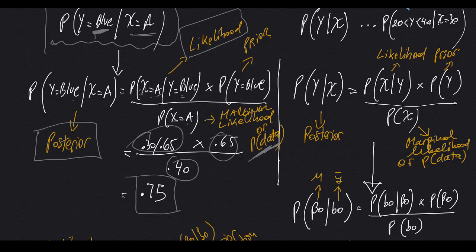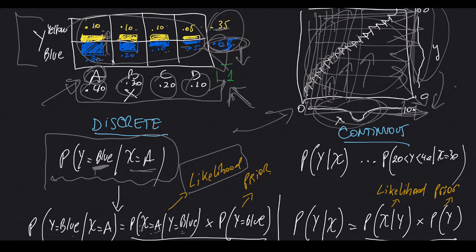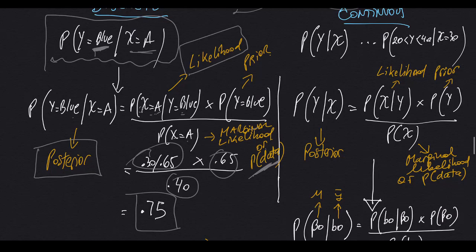You may ask, why do we do this complex Bayes theorem when we can calculate that much more simply by observing the values here? Well, because in the continuous case this is not possible, we don't have the values visually, and then we need this theorem.